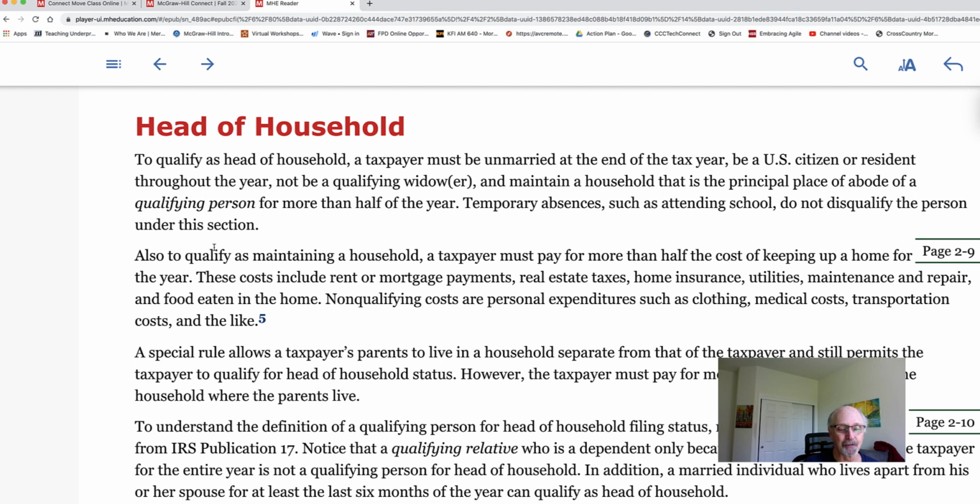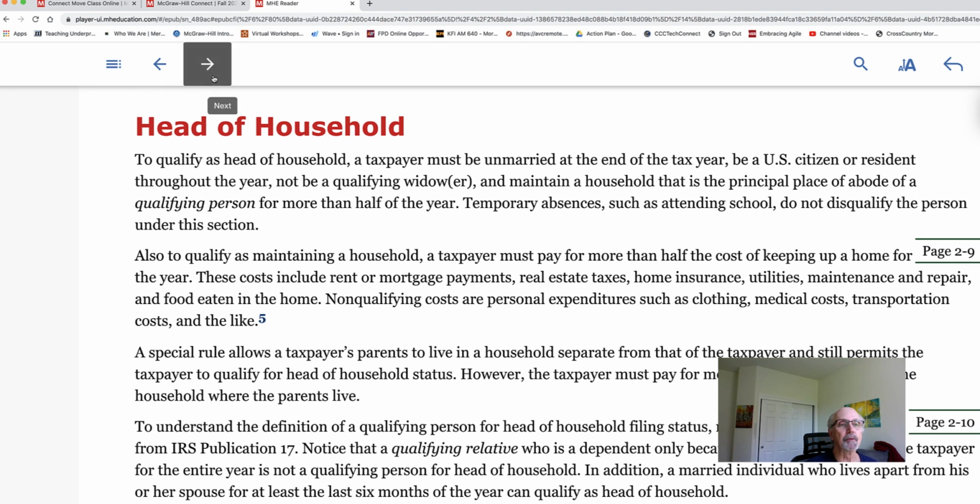There's definitions for qualifying child. There's definitions for qualifying relative. This is where you really need to be careful, and you want to make sure that you read and understand what each one of the definitions is. Number 5, qualifying widow. Basically, a qualifying widow is a taxpayer who was eligible to file a joint return in the year that the spouse died.